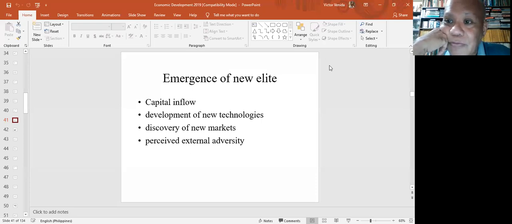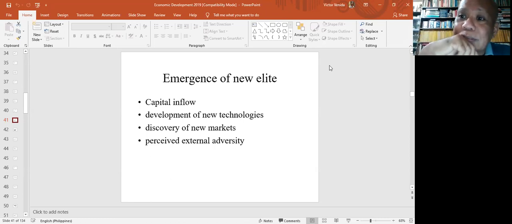You have the development here of the steam engine that allowed for the mechanization first of the manufacture of textiles and then of clothing. So in a very short period of time, you have large scale production being made possible by these new technologies.